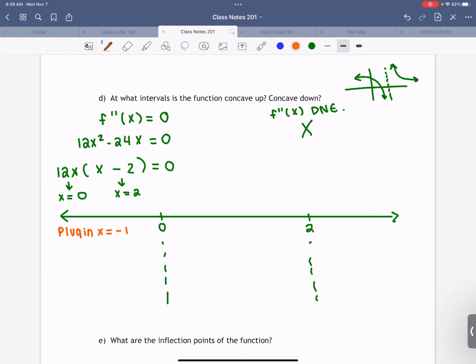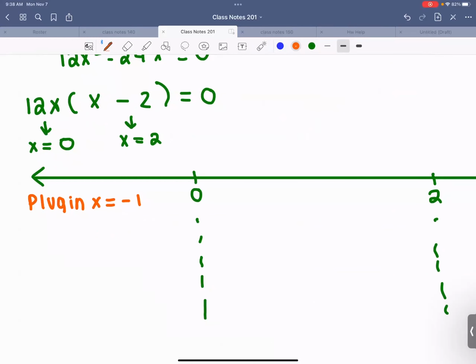What function tells me about concavity? The second derivative, right? I want to know if my second derivative is positive, which tells me I'm concave up, or negative, which tells me I'm concave down. So you can either memorize how to do this, or you can think about it: second derivative tells me about concavity, so I'm plugging this into the second derivative.